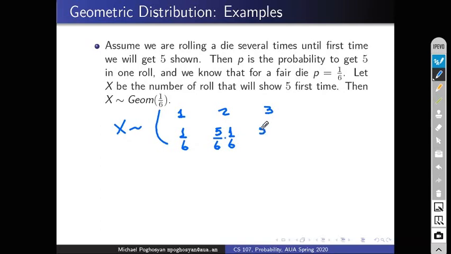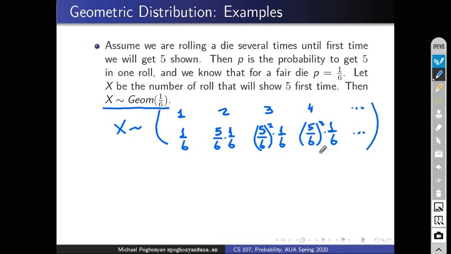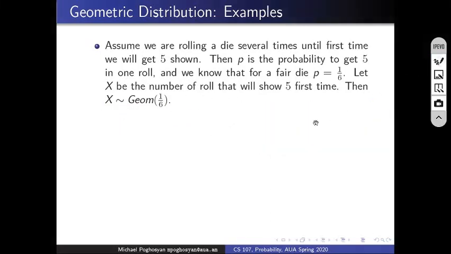So two failures with this probability, and the third one is success. For 4, we will have 5/6 cubed times 1/6, etc. So up to infinity. So this is the short notation for this PMF.